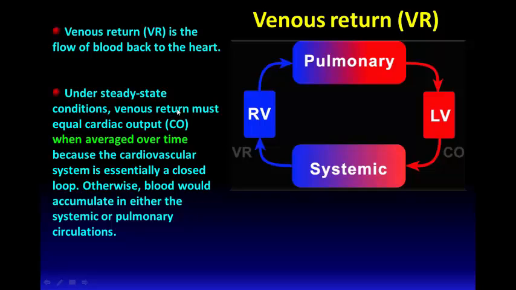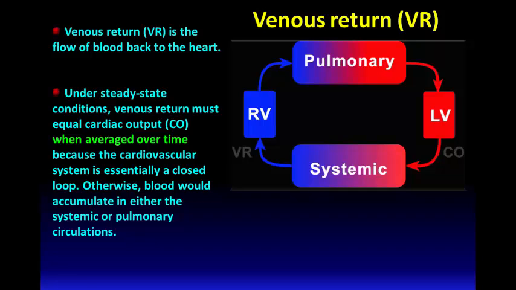Under steady state conditions, venous return must be equal to the cardiac output when averaged over time. This is because the cardiovascular system is essentially a closed loop, as we described in the first lecture.